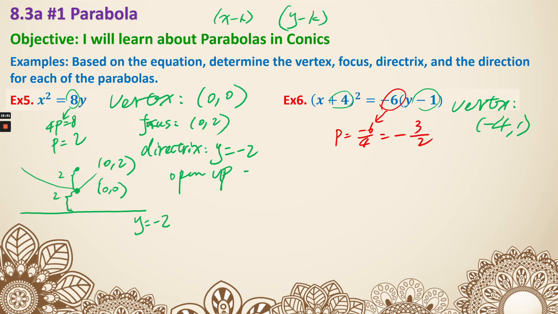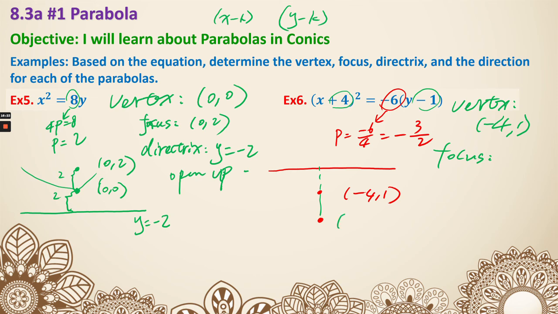Next, we are going to use our p and the vertex to draw a little diagram. Vertex is at -4, 1. But also because it's -6, that means the whole thing is facing down, so we will have a focus down there and the directrix is above. Next is time to find where the focus is. Because, in case you haven't noticed, everything we're working with is facing up and down, which is why it's a vertical setup.